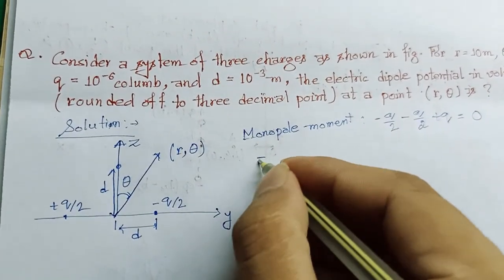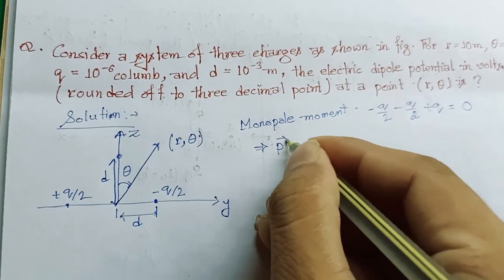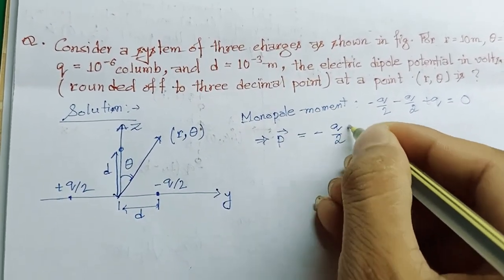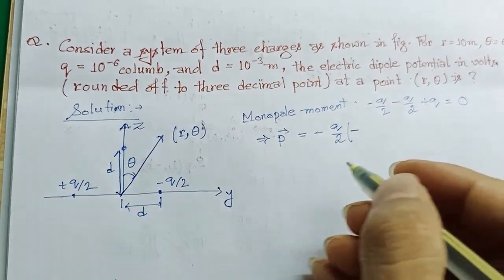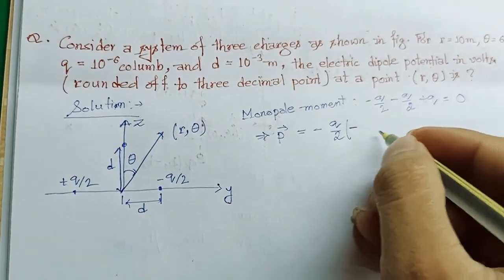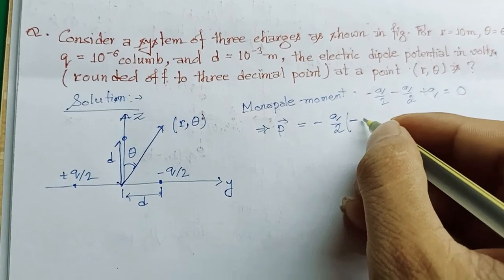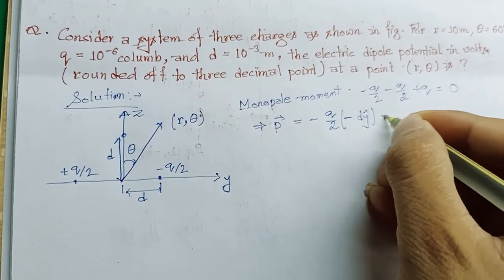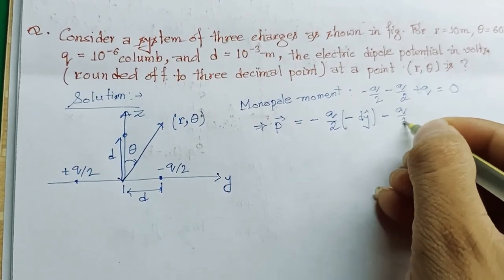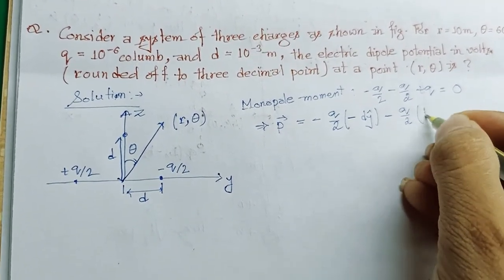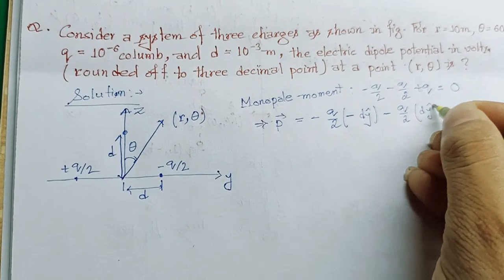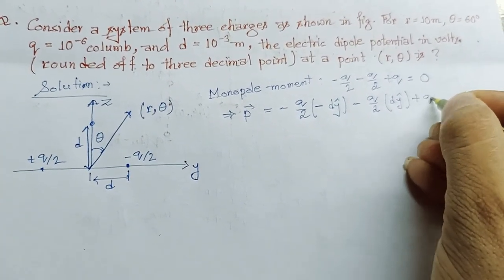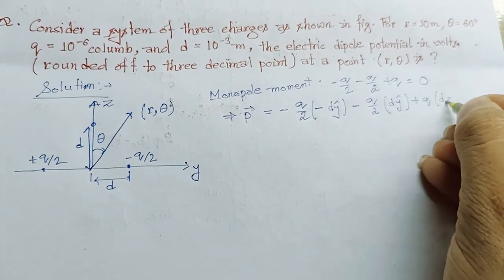So our dipole moment P will be equal to minus q divided by 2 into its direction. Its direction is d y cap, into minus d y cap, minus q divided by 2 into d y cap, plus q into d z cap.